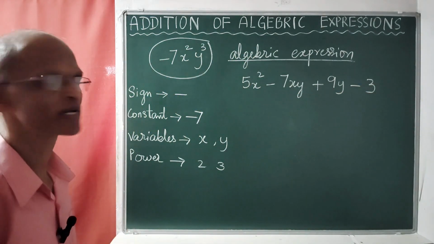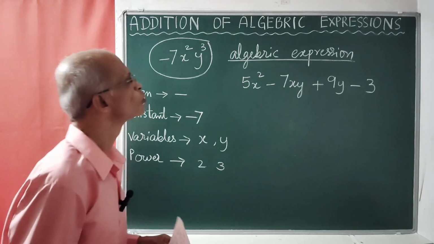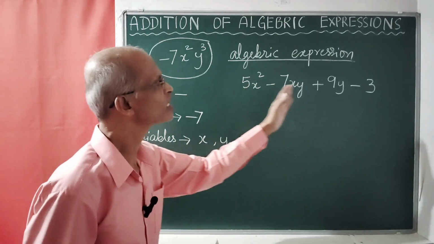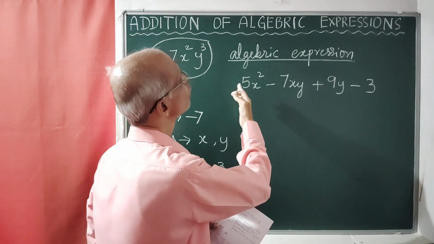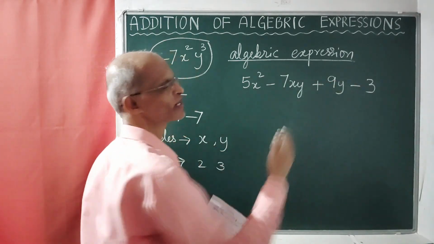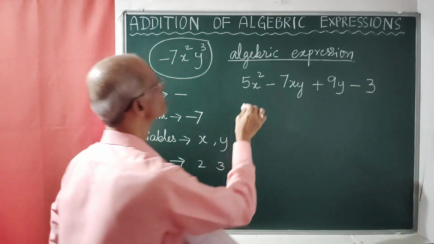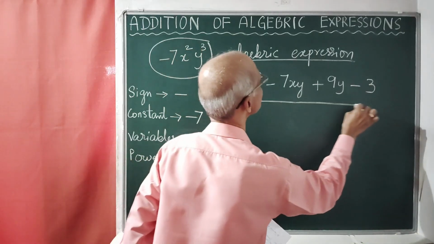It's an algebraic expression because there are so many terms in this. There are 4 terms in this expression. It's called an algebraic expression.